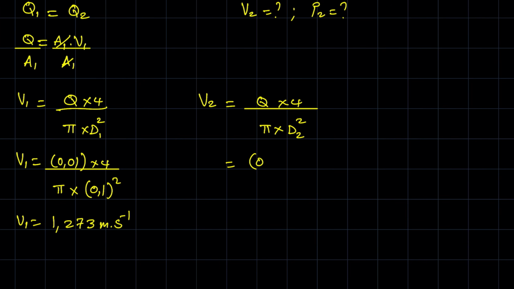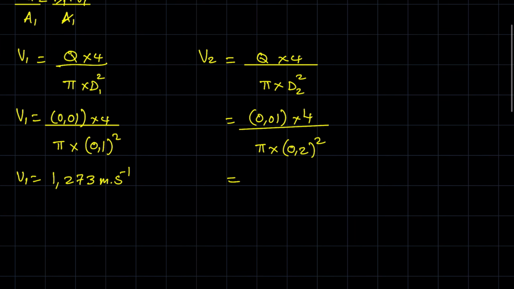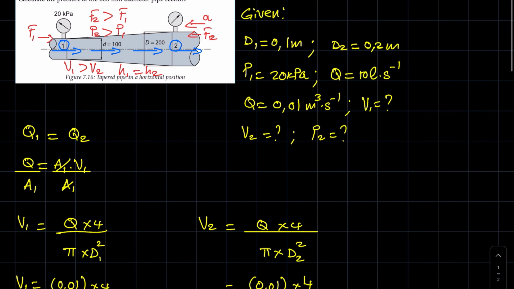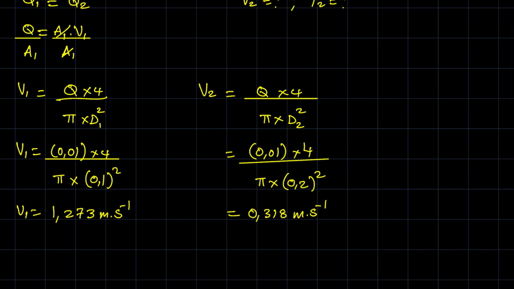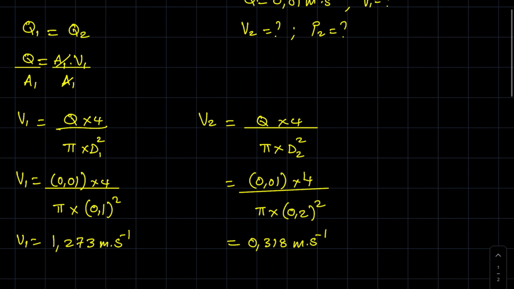So Q is 0,01 times 4 over pi times d2 squared. d2 is 200 millimeters, so that's 0,2 squared. Now if you punch that in your calculators, you're going to get 0,318 meters per second. Now as we established earlier that V1 is going to be greater than V2, our calculations just confirm that V1 really is greater than V2, meaning it's likely that we are on the right path.